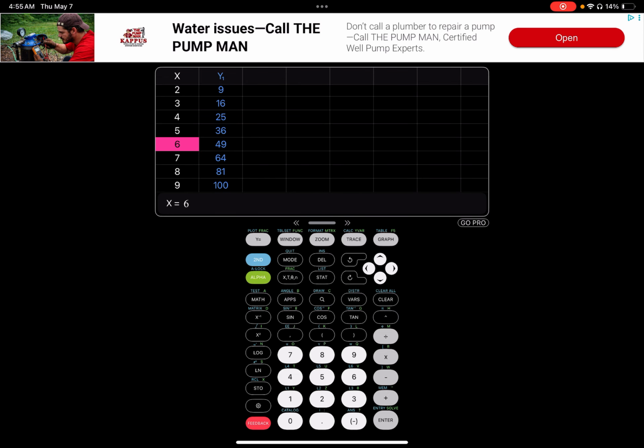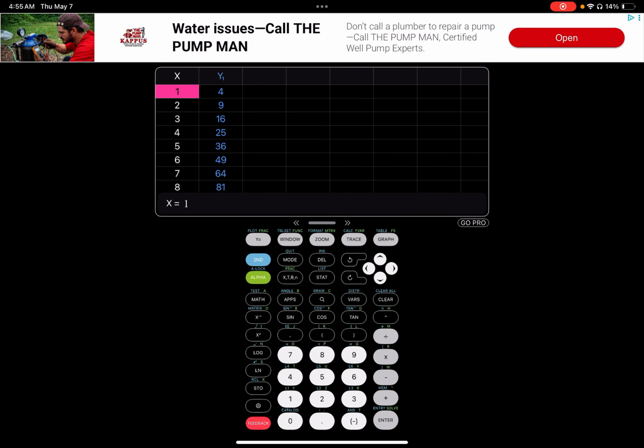And then what we're going to look for here in the x column, we're going to look for 1 because that's what we were asked to look for. That's the input that we were given. So we found 1 in the x column, and the output to 1 is 4. So that is our answer. Our answer is 4.